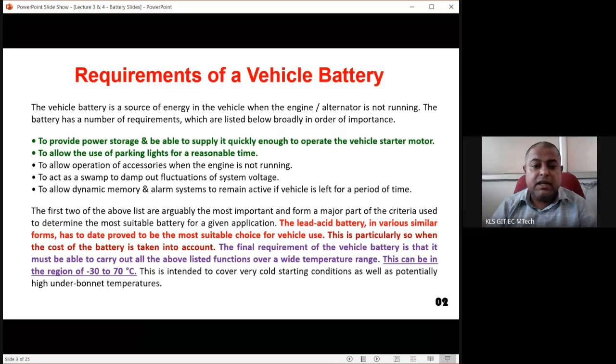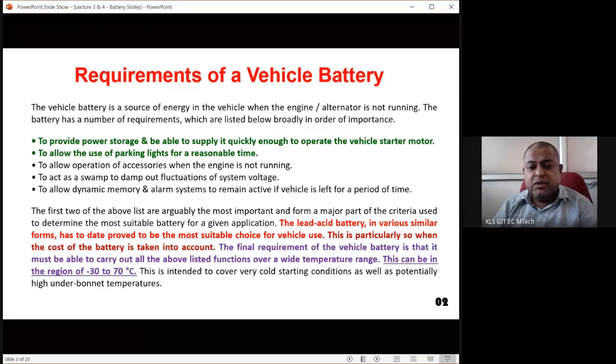Here I have underlined the temperature range for which the battery must work, and the temperature range is minus 30 to 70 degrees centigrade. Generally, whatever vehicles we are seeing or batteries are designed, they should function between minus 30 to plus 70 degrees centigrade. So almost over a 100 degrees centigrade range, the battery has to function.